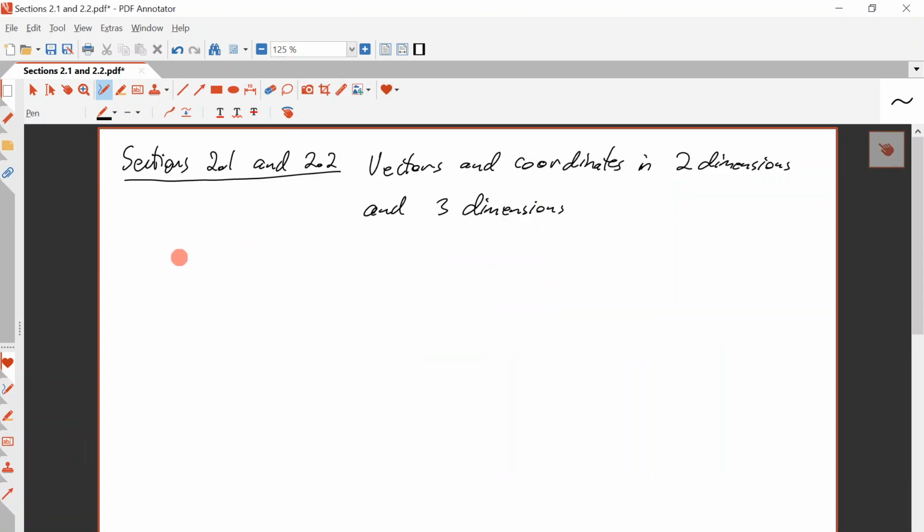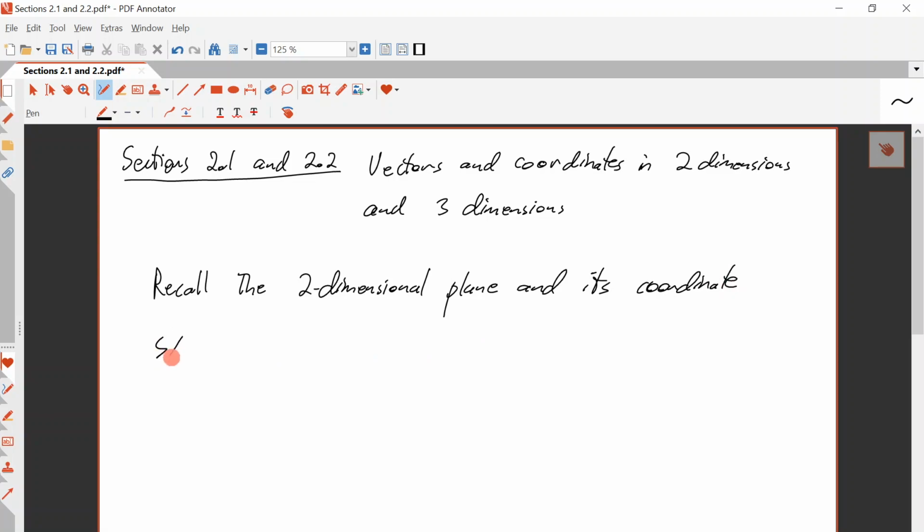Okay, so recall the 2-dimensional plane and its coordinate system.